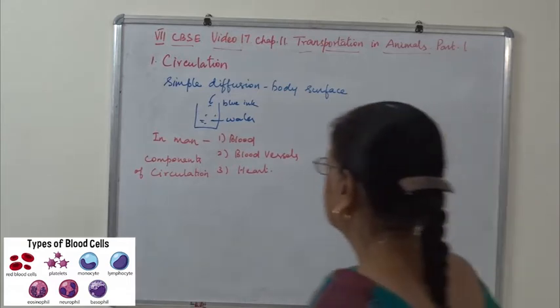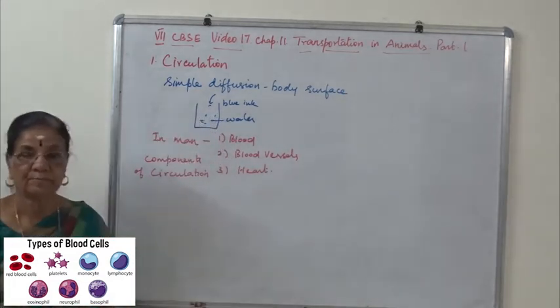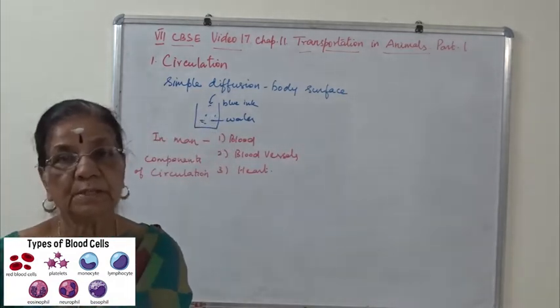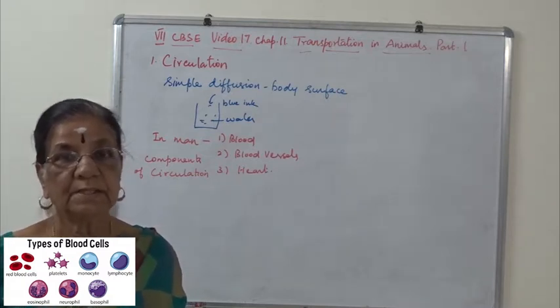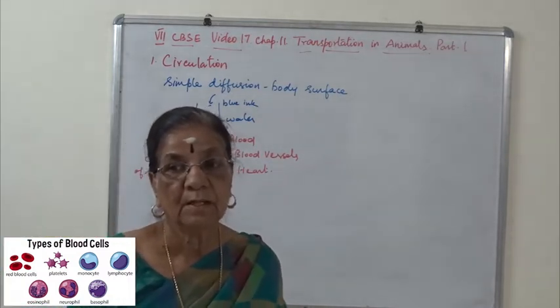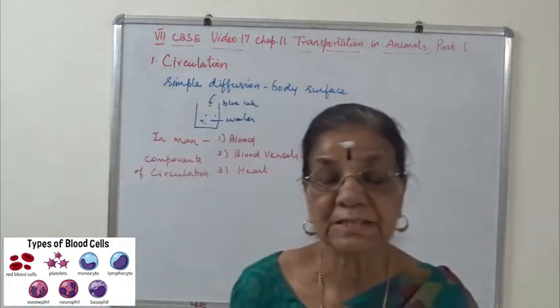Now in humans, the heart is four-chambered. Whereas in lower organisms, the heart is normally not represented.